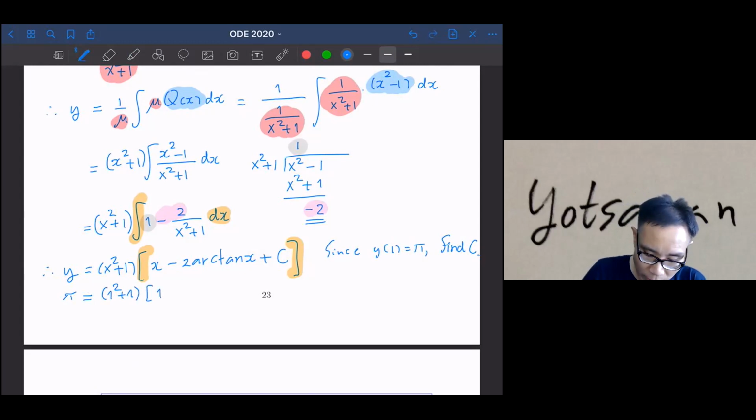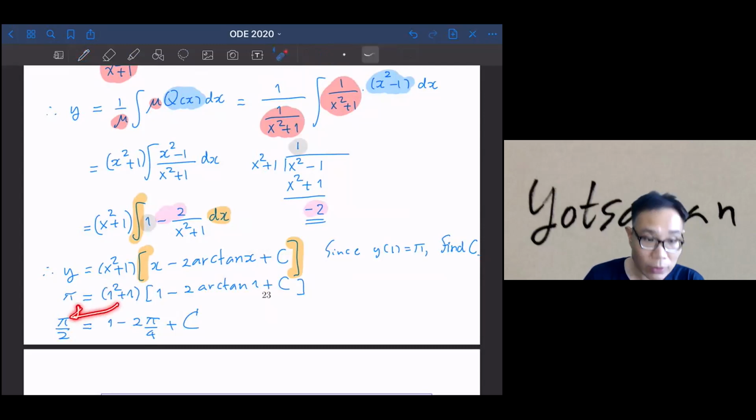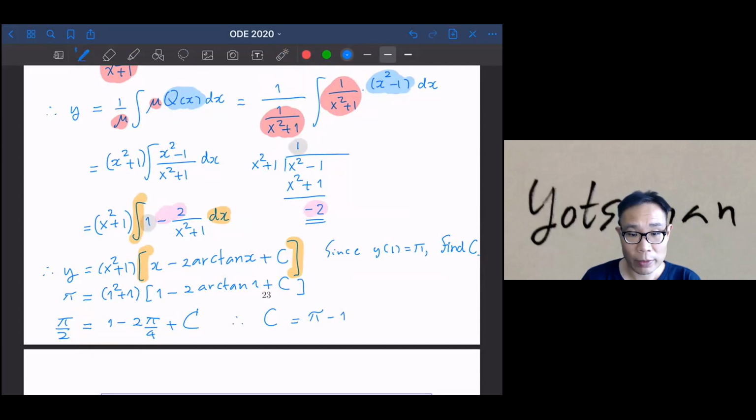So you have 1 minus 2 arctan 1 plus c. Arctan 1 is pi over 4, so you have 1 minus 2 times pi over 4 plus c, which gives pi over 2. Now you calculate c: c equals pi minus 1.